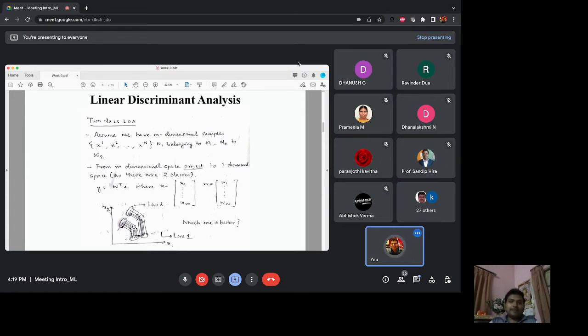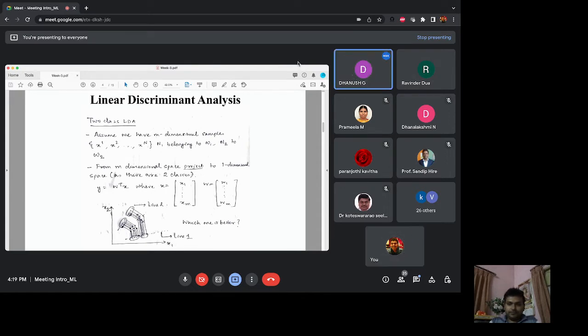By just looking at it, line 2 seems to separate them out properly, but do you have any mathematical measure as to why line 2 is better than line 1? Whatever you are thinking, you can say out loud. I will say that line 2 is a better option, but can somebody say why line 2 is a better option?